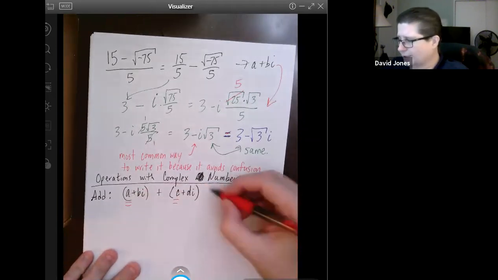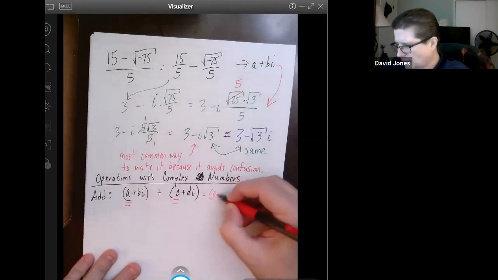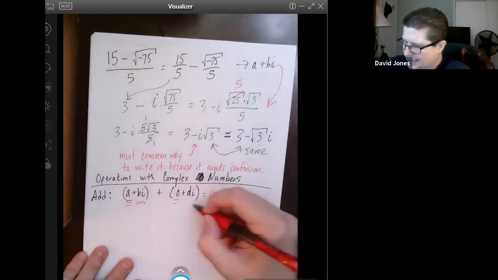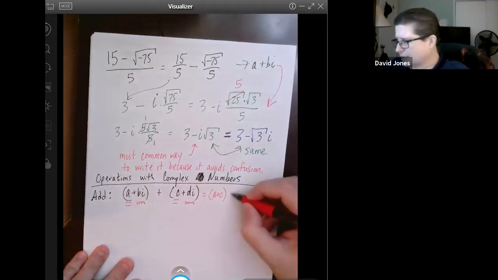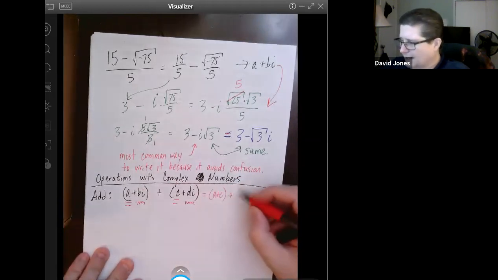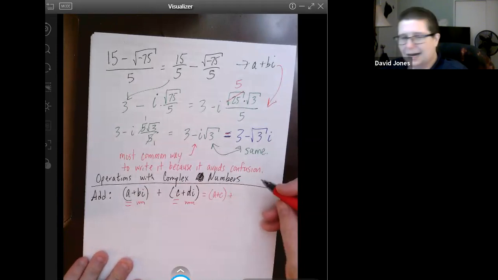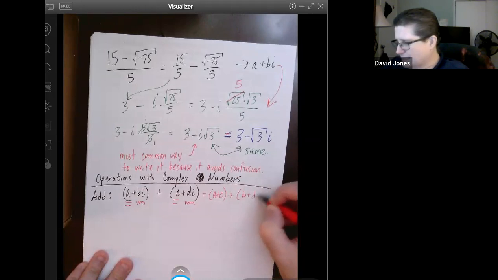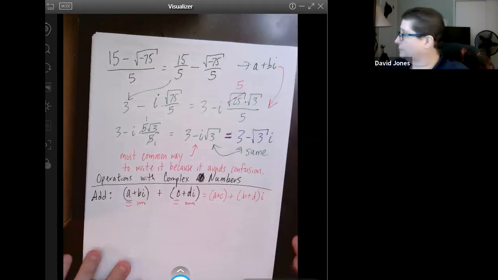They'll get put together. And the Bi and Di are the imaginary components, and we'll put those together. We're going to treat the i like a variable here. We'll factor it out. This becomes B plus D in parentheses times i.